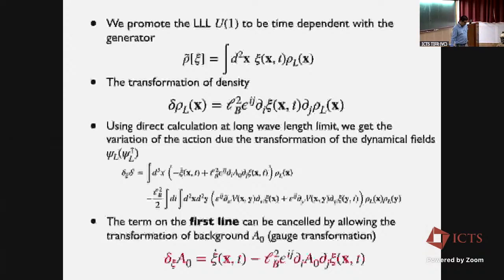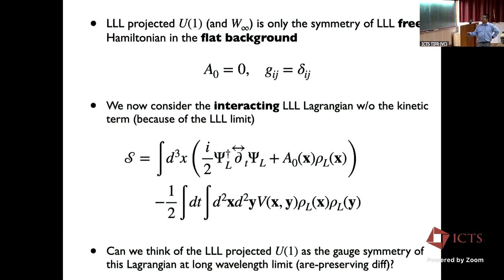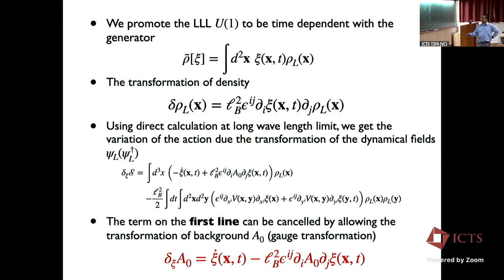Now the first line here can be compensated if you also use the transformation of the background A. So for the A_0 rho here, you just do the transformation of A_0. It can compensate with the transformation of the coset rho. So the first line has the same form as the nonlinear version of the area-preserving diffeomorphism that I showed you before.